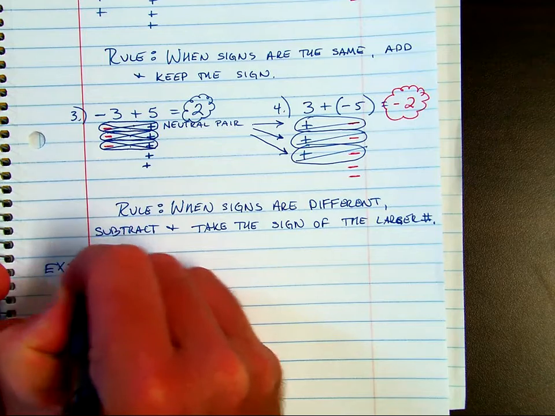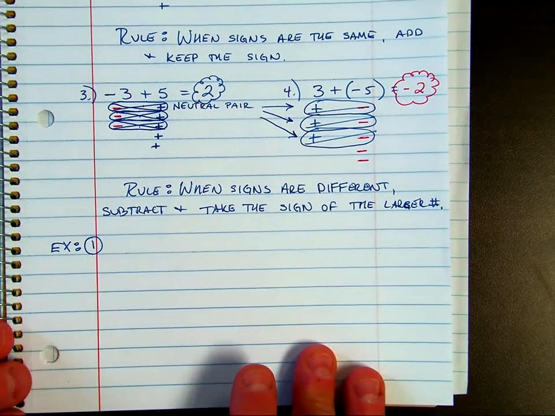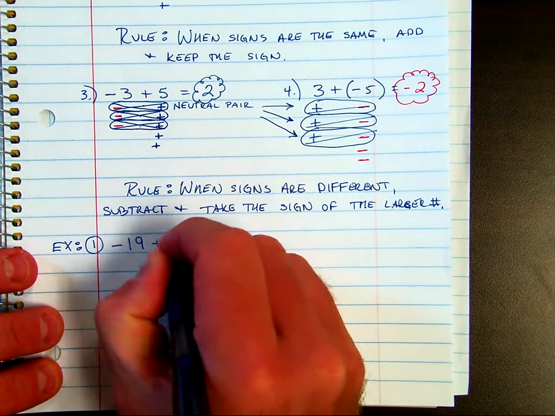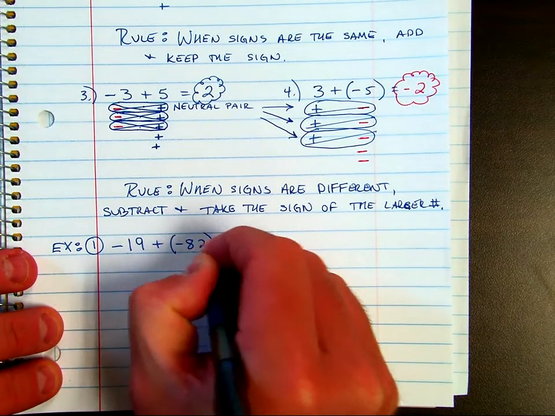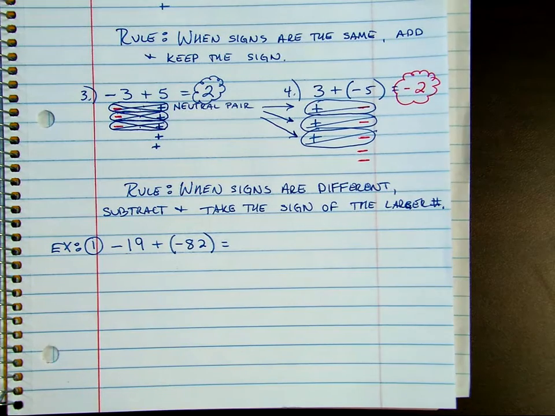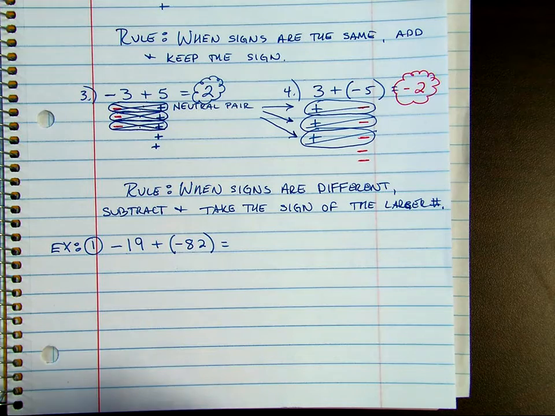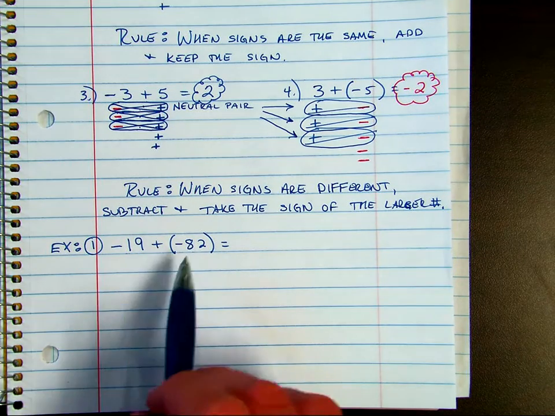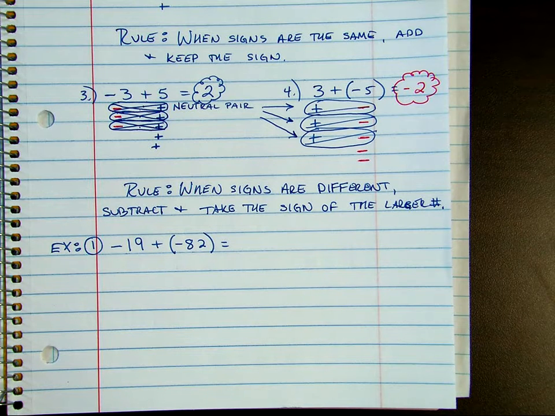All right, let's take a look at a couple examples here. I owe Zoe $19. I owe Alexis $82. That would be a real life situation for this.